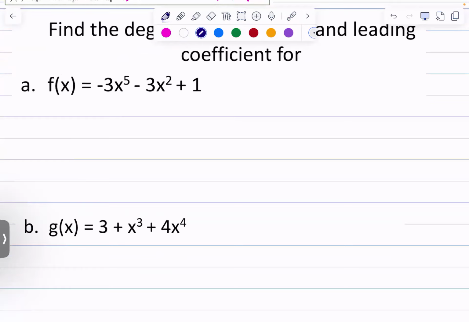So it is a good idea to rewrite polynomials with powers decreasing.